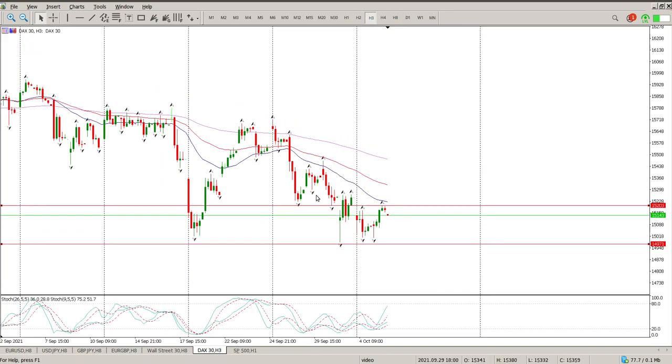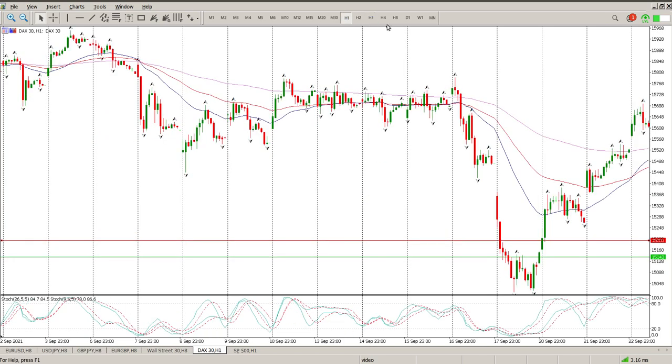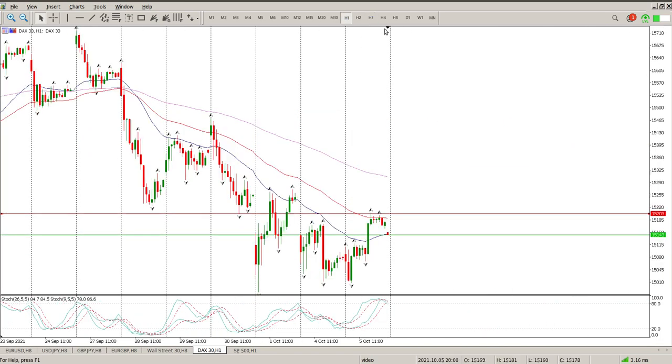So starting off with the 3 hour on the weekly, you can see we've been sideways, came up to test the breaks. There you see the structure for the break at 15,203, and ignore this little bar hanging in the middle of nowhere, but it does look like we've got a bit of an inside bar there. So moving down to the hour, reading everything that we have, look at the oscillators. We are definitely in a downward trend. We're below the 155 EMA, which indicates my trend for me.